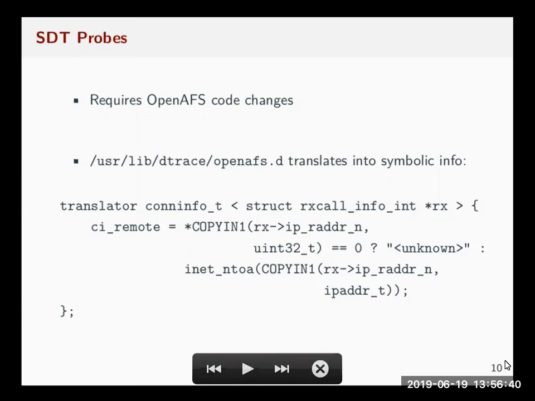So we copy in that value from that structure, and if it's 0, we translate it into the string unknown, which is what DTrace tends to do. If there's no host, you just call it unknown. And if it does have one, if it's not 0, then we run it through inet_ntoa, so that translates it into a string, the dotted quads.